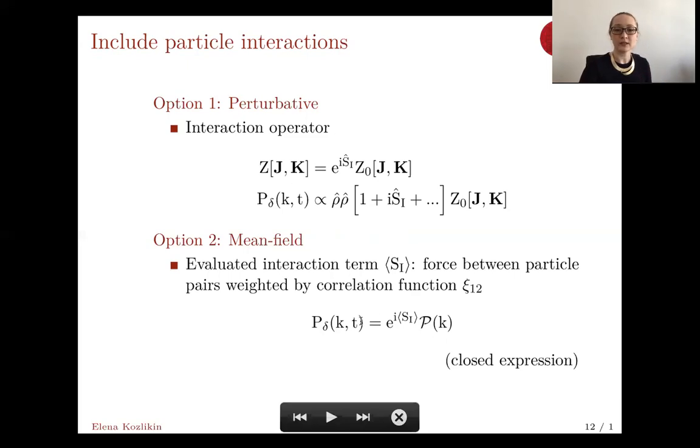This net force can then be evaluated, and we can put it in this interaction term that can be multiplied to the free power spectrum, which was just the free or inertial motion, and this gives you a closed expression. Now I'm going to show a result that you get with this mean field approach.